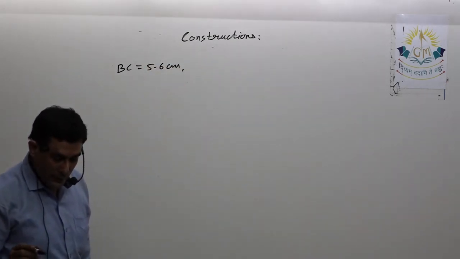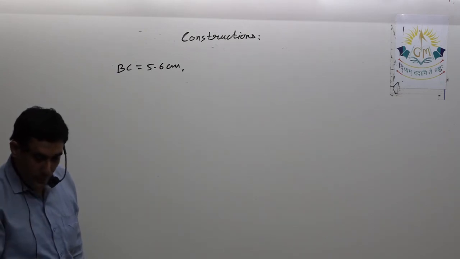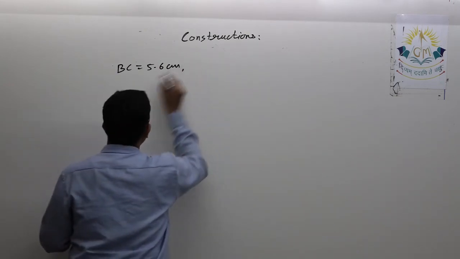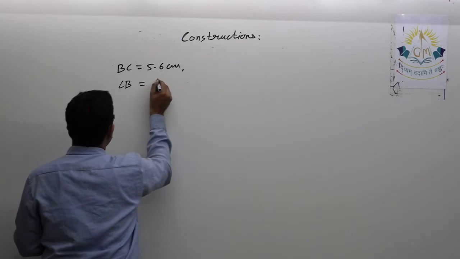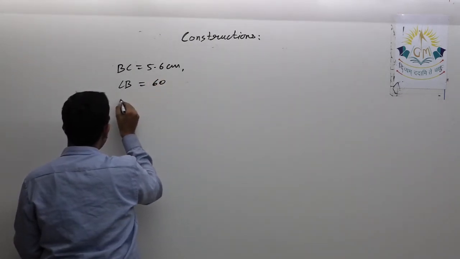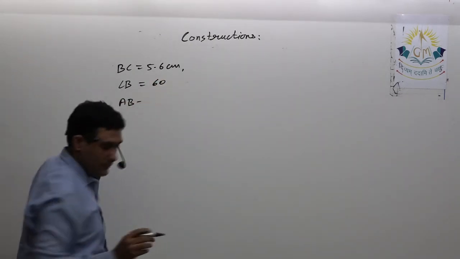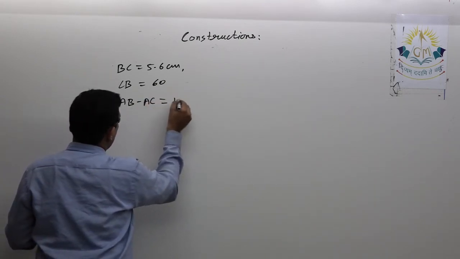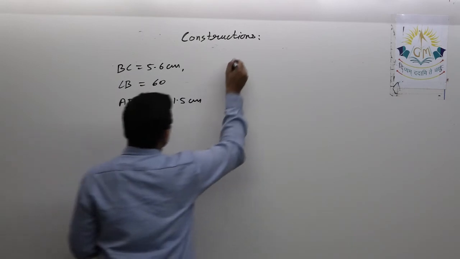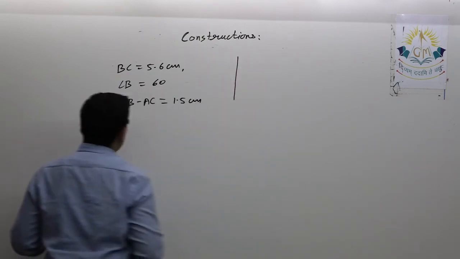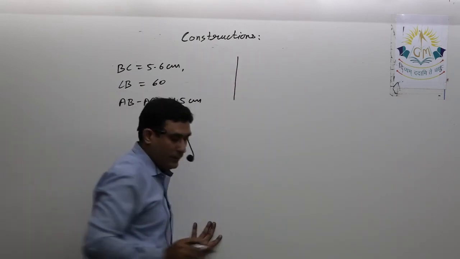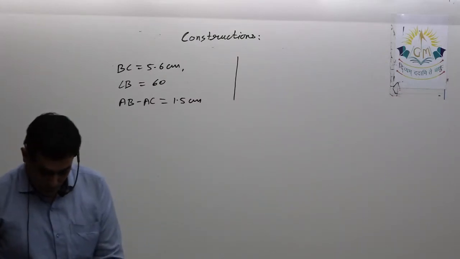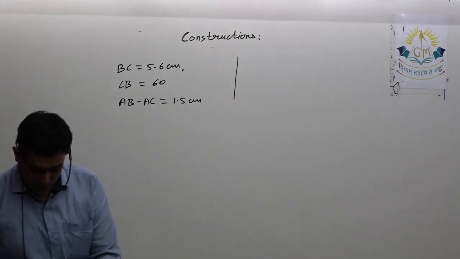Okay, then angle B is equal to 60 degrees, and AB minus AC equal to 1.5 centimeter. Okay, so let me take one more example to make you understand the same thing.